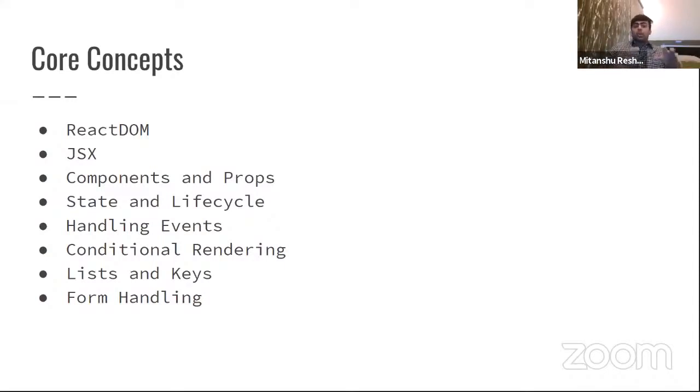Then React has its own language in which it is written, called JSX, which is kind of like a hybrid between JavaScript and HTML. Then in coding, people have learned C++, Java, Python. You might be aware of what variables and data types are.